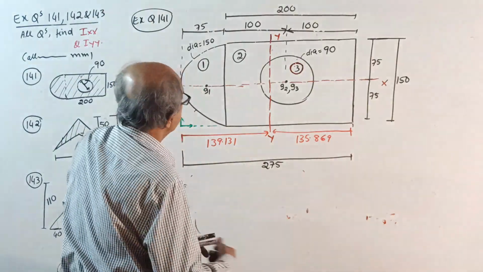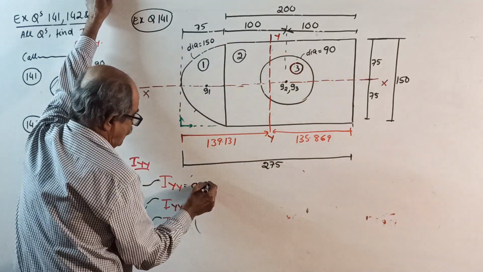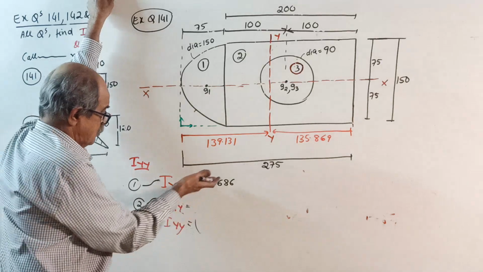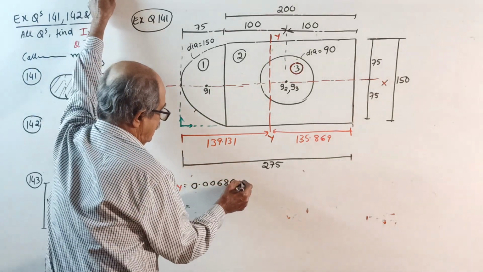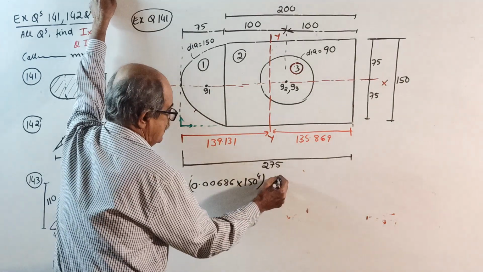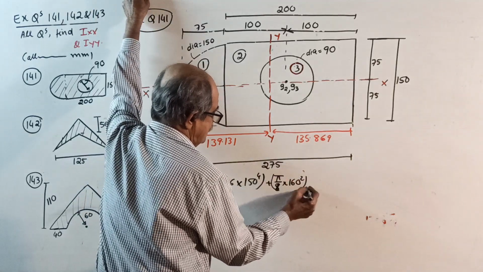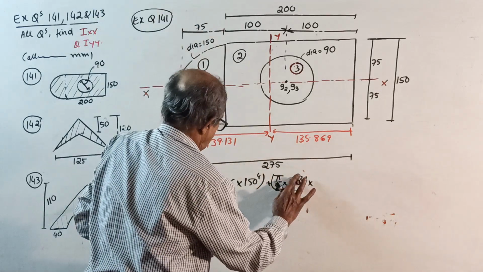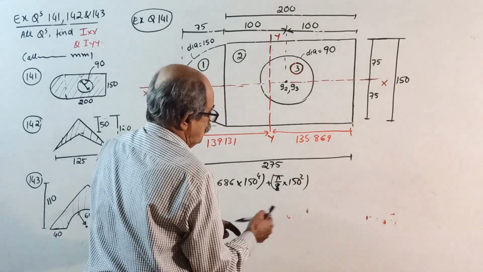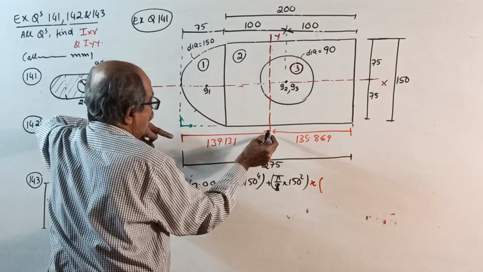Start, Iyy. I about its own axis, 0.00686. Someone will ask, see, just now you put pi by 128. 0.00686, that's all, into 150 power 4, plus area pi by 8 of 150 square into, from centroid to yy, this distance squared. Okay, 150, this is a misprint.